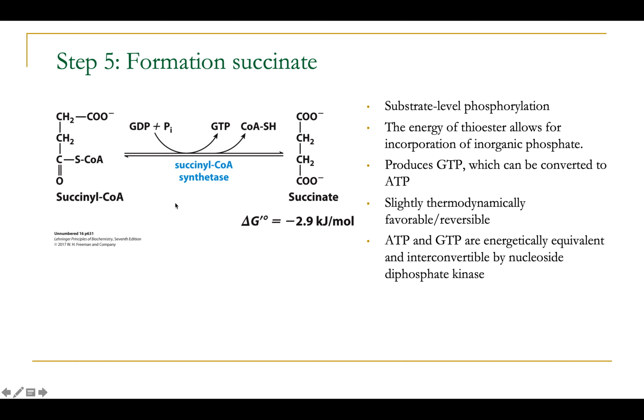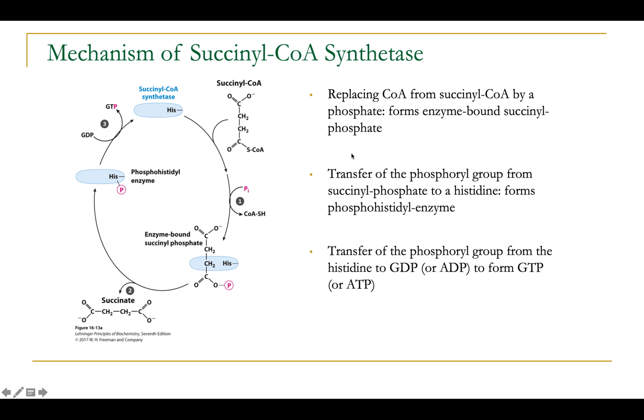The reaction is catalyzed by an enzyme called succinyl-CoA synthetase, which is named due to the opposite reaction as compared to what occurs in the forward citric acid cycle. The catalysis of this reaction is a peculiar two-step substrate level phosphorylation reaction, and occurs in 3 phases.